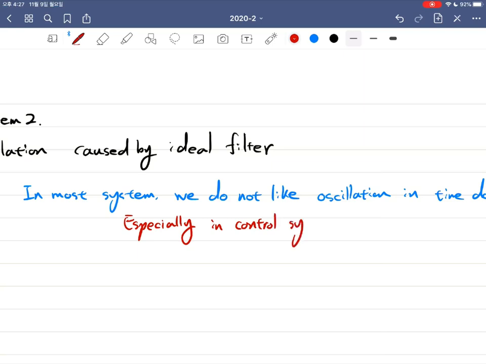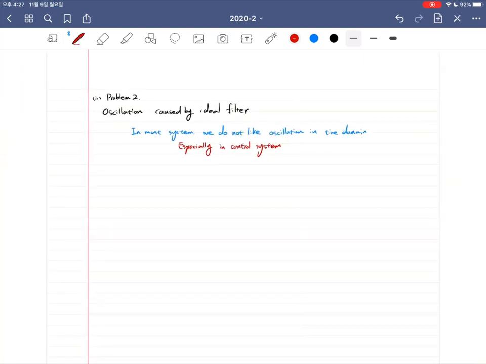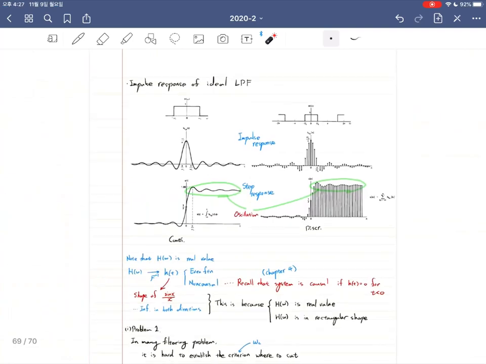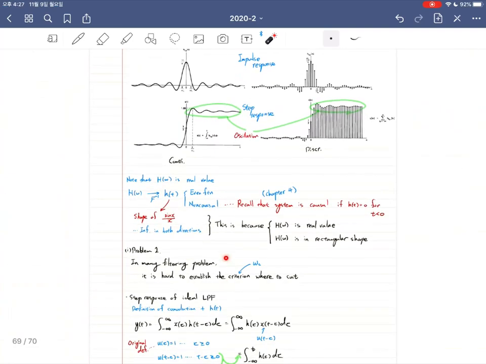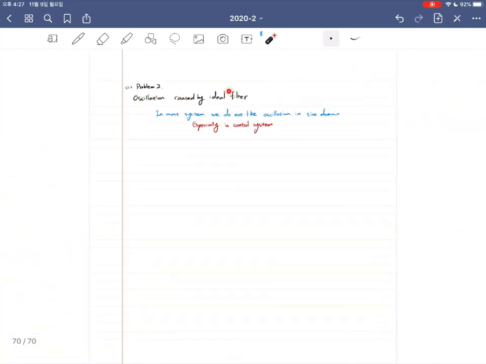You have to smoothly follow the reference or the command, not by just having these overshoots. Okay, there are 2 problems. So we don't know where to cut with the ideal filter, and also we have these oscillations.